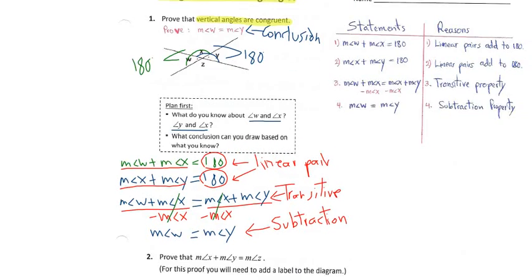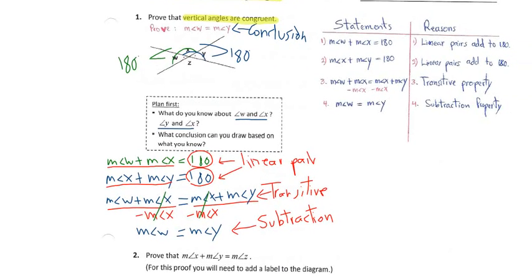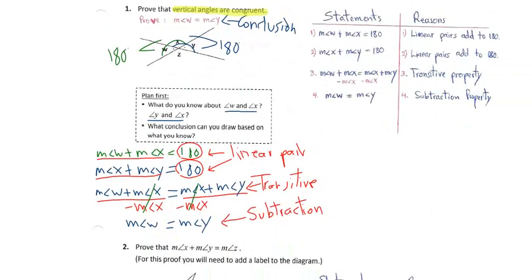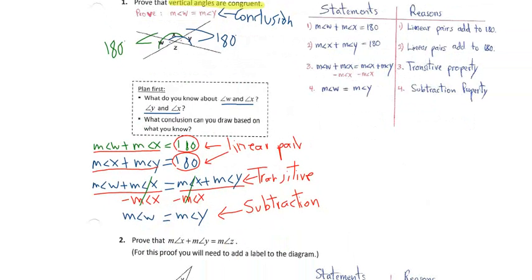In this case, we're going to be writing complete definitions or complete theorems as the reasons. When I do the plan, I just write the reasons in a simplified way over here, but now in the proof, the reasons should be complete theorems or complete definitions. So notice that I have exactly what I have in the plan.